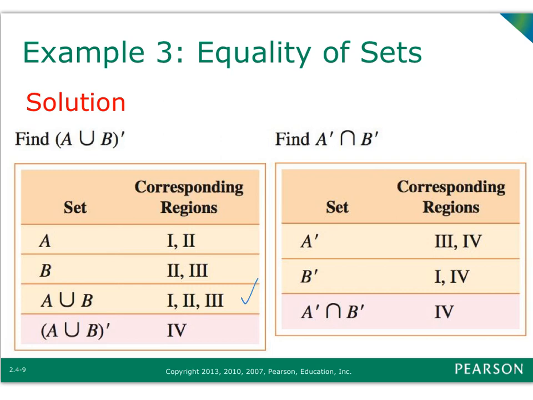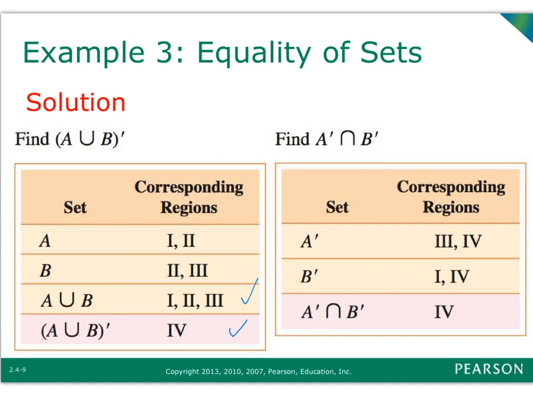So the complement has to be what? Region 4 in our Venn diagram. So we know that the complement is region 4. Now we find out what A complement is.